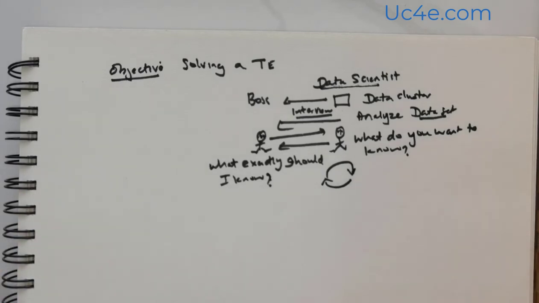So the point I wish to emphasize here is that the approach followed by the boss might be correct, but from the perspective of the data scientist, it is highly flawed. Because if you walk into a doctor's office, unless you tell the doctor what is the issue or concern that is plaguing you, the doctor wouldn't be in a position to understand what is exactly tormenting you or disturbing your sleep.